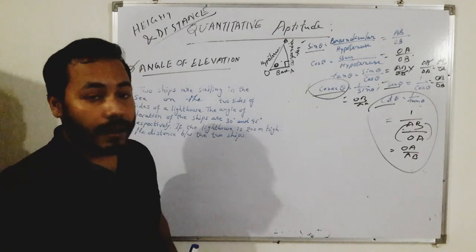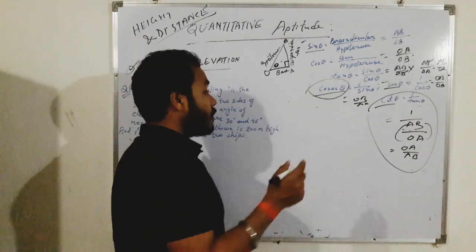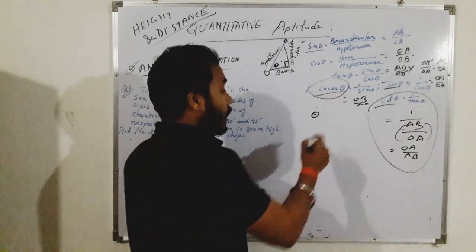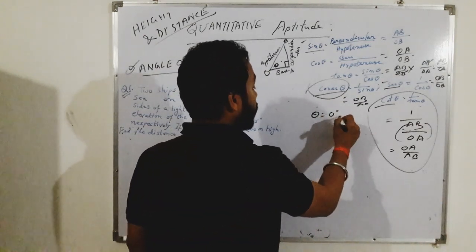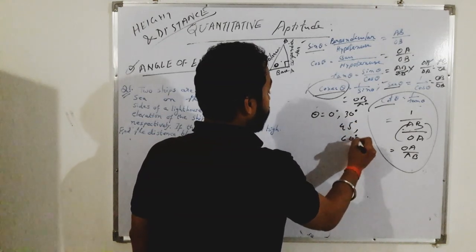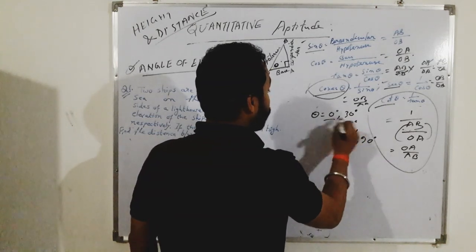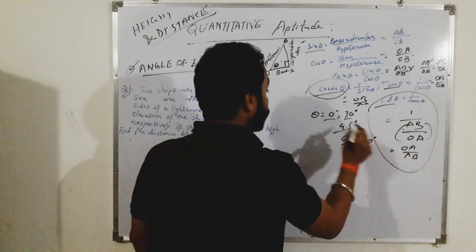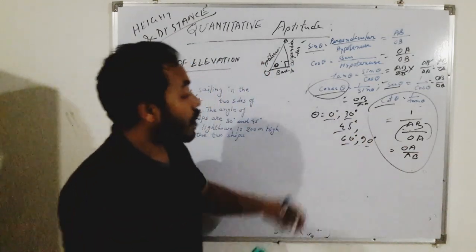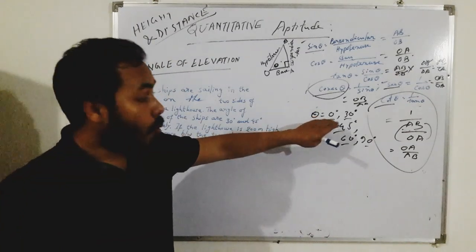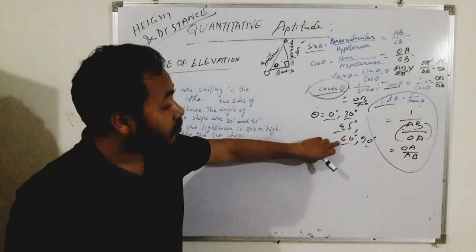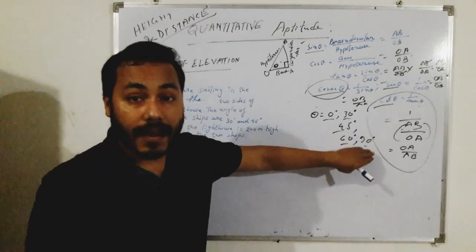Now you need to memorize some values with respect to different values of theta, and they are: theta is 0 degree, 30 degree, 45 degree, 60 degree, 90 degree. At least you need to memorize these values. That is, the value of sine 0 degree, sine 30 degree, sine 45 degree, sine 60 degree, sine 90 degree.